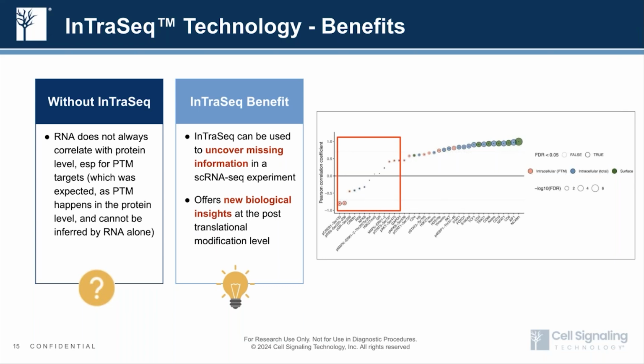But what we're trying to showcase here is that it's important to measure these signaling events in your single cell data, because you cannot infer them from measuring RNA alone. And it showcases how you can uncover missing information in your single cell RNA-seq experiment and offer new biological insights at the post-translational modification level.